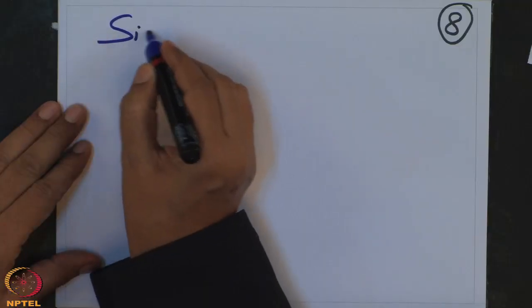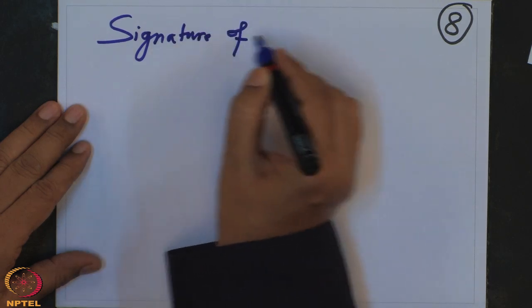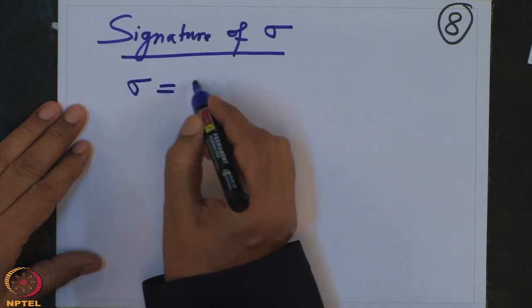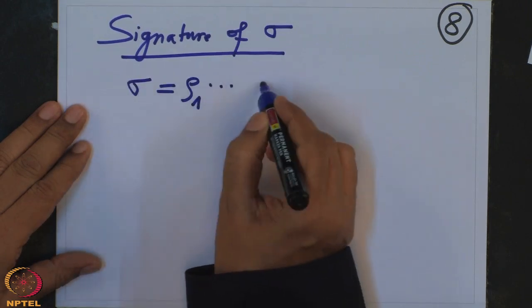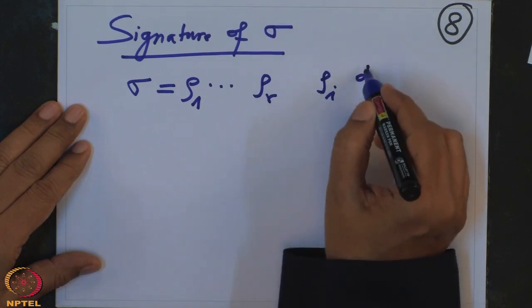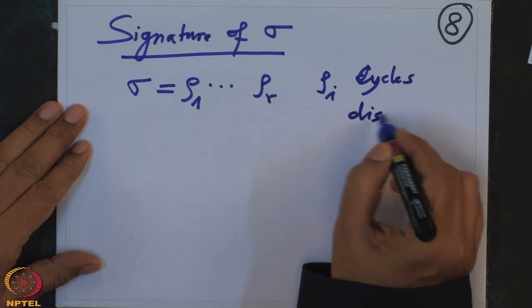Okay, so to define the signature of a permutation sigma, what is it? You first decompose into disjoint cycles, rho 1 to rho r, the rho i are cycles, and they are disjoint.